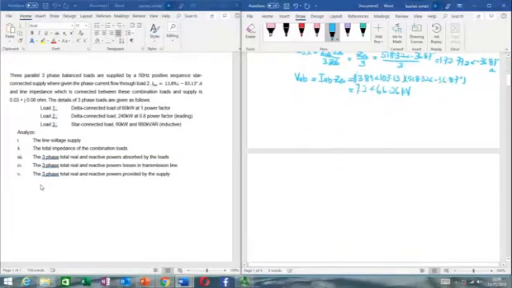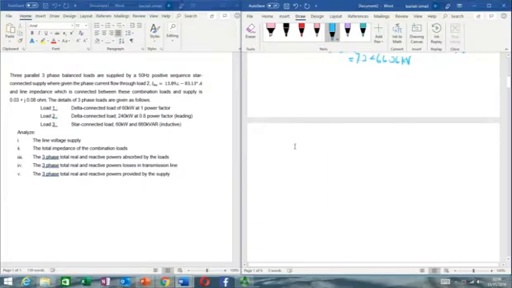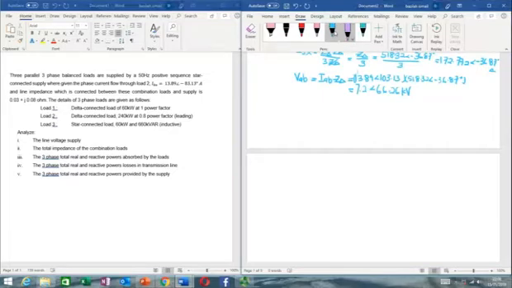Alright, so the next step is to calculate the information for load 1. Load 1 is also in delta connection.